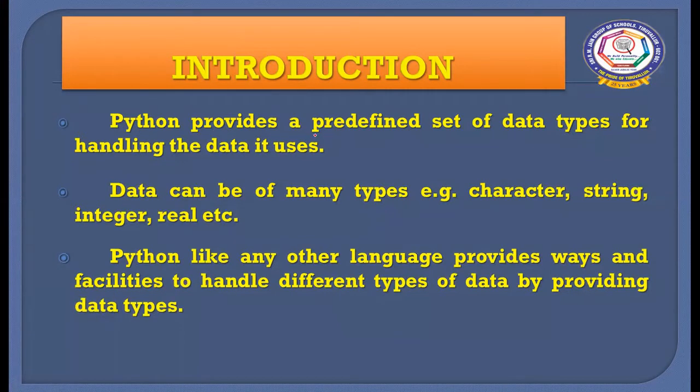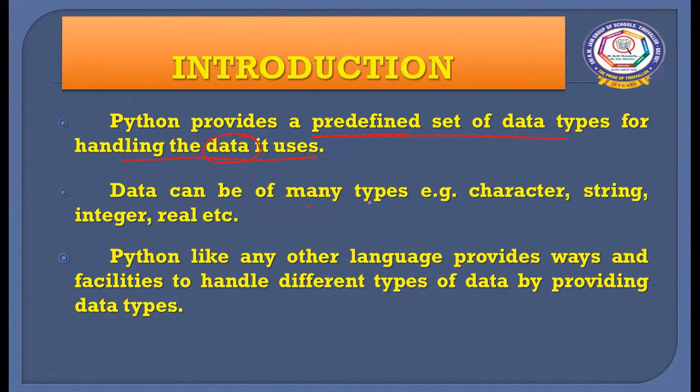Python provides a predefined set of data types for handling data and its uses. When we are doing a particular program, we need to handle different types of data. It may be a string, complex values, integers, or floating point values. So we need to understand the different predefined sets of data that we are going to handle in programming.